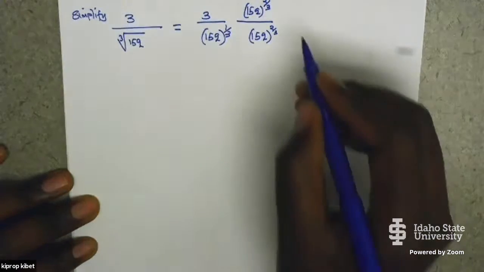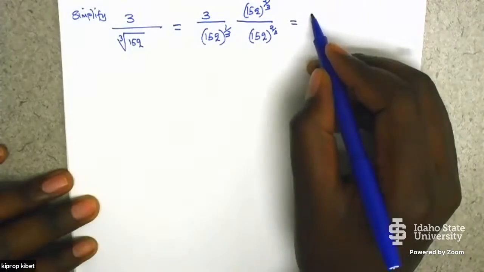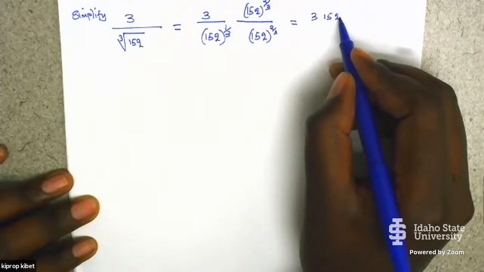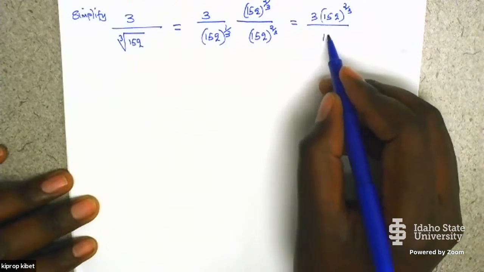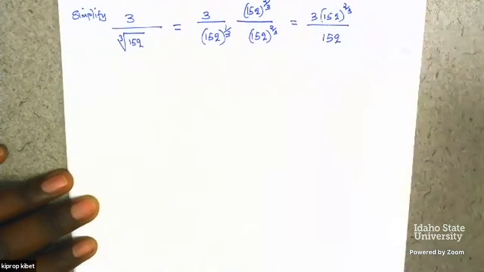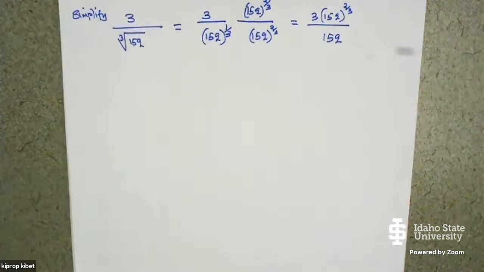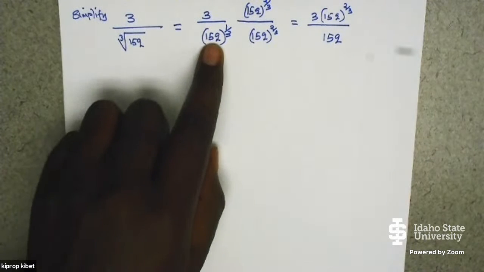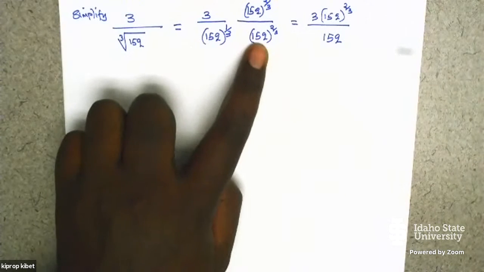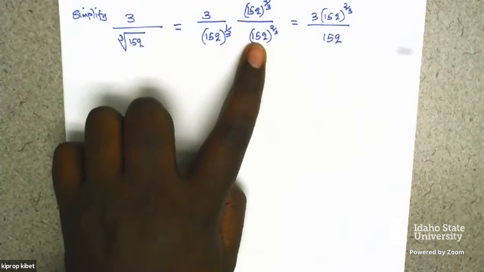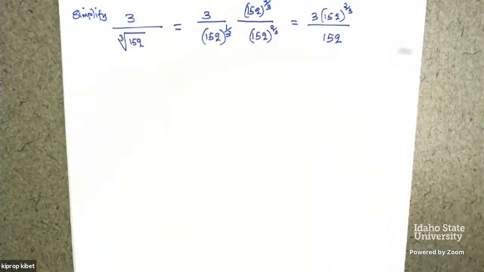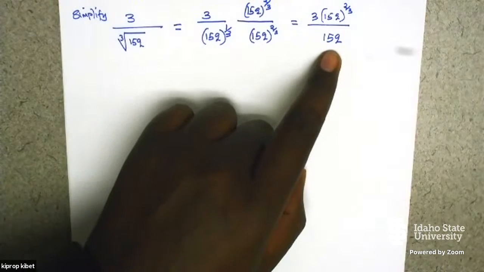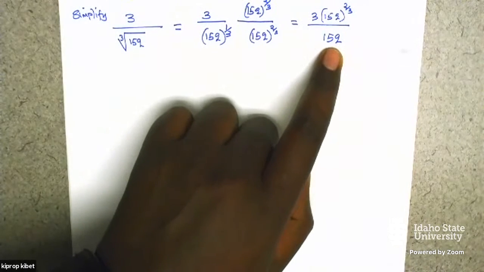And finally, what do you get? 3 times 15 cubed raised to 2 all over 3, all over what? 15 what? Are we together? Since the bases are the same, 15 cubed is the base, then 1 over 3 plus 2 over 3 is what? It's 1. So finally, here is 15 cubed there.